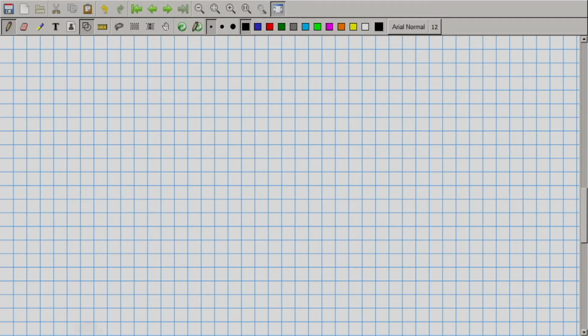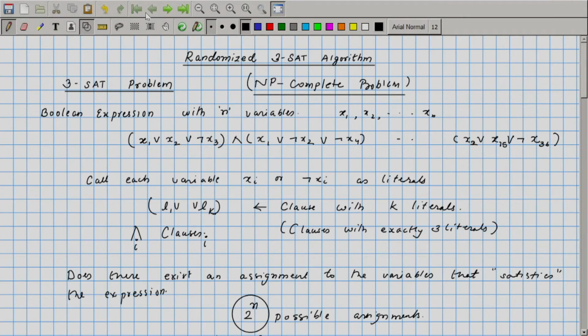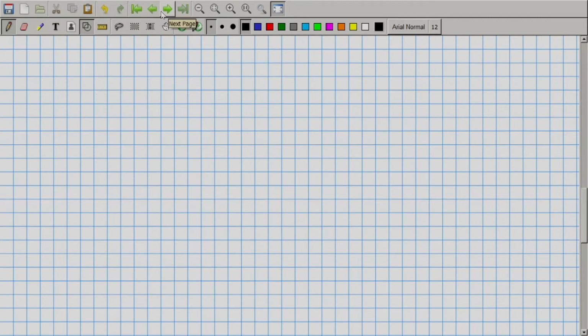We will design a randomized algorithm for 3 SAT on the lines of a similar randomized algorithm for 2 SAT. 2 SAT is the version where each clause has exactly 2 literals, and that problem is known to be polynomial time solvable.